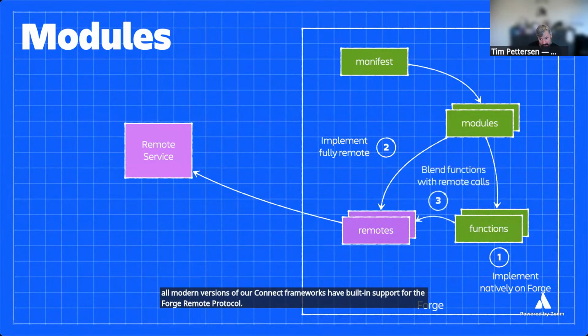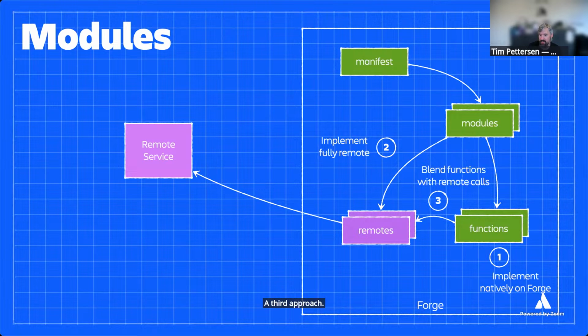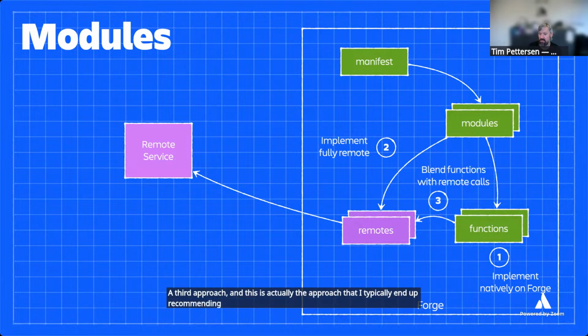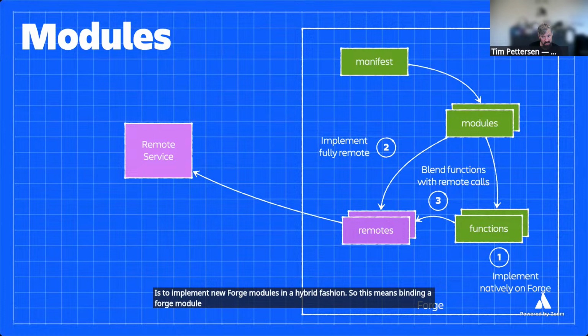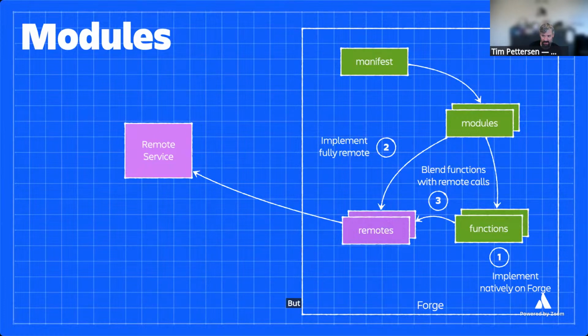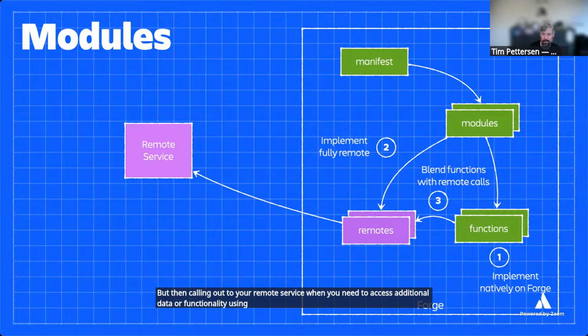A third approach, and this is actually the approach that I typically end up recommending when we talk about using remote services, is to implement new Forge modules in a hybrid fashion. So this means binding a Forge module to a Forge function, just as if you were going to implement natively, but then calling out to your remote service when you need to access additional data or functionality using Forge Remote.